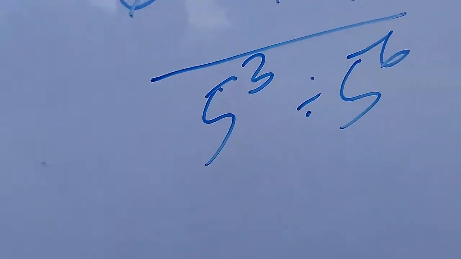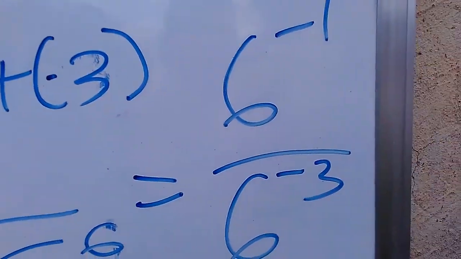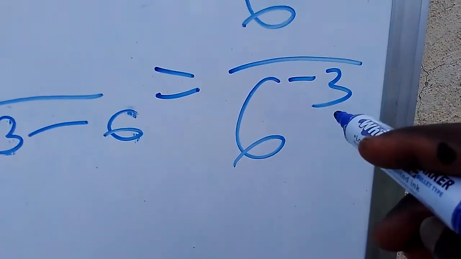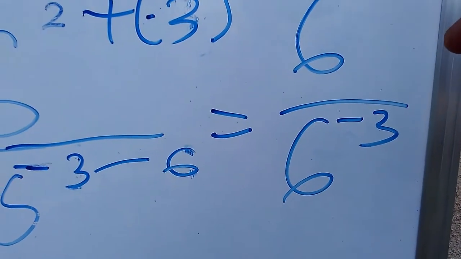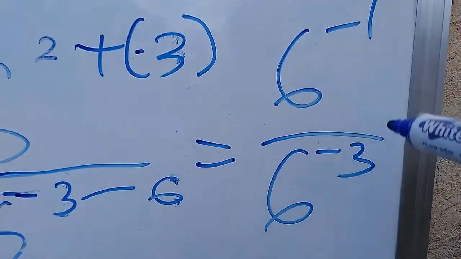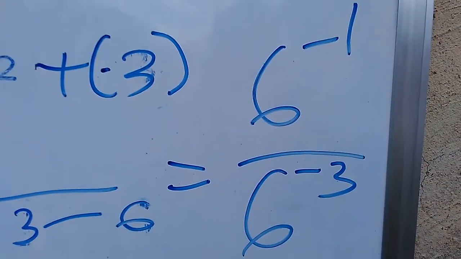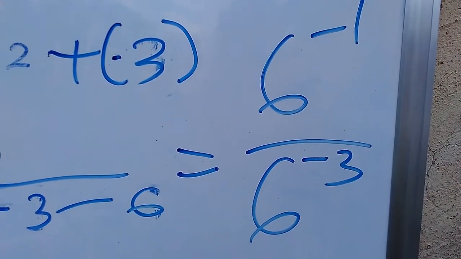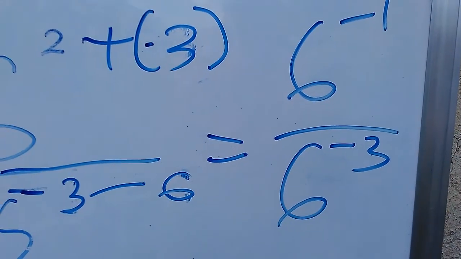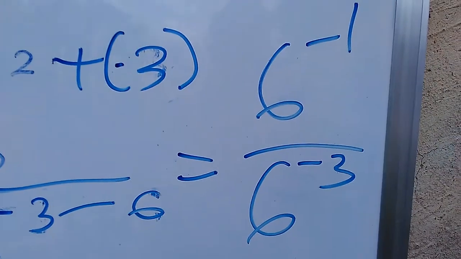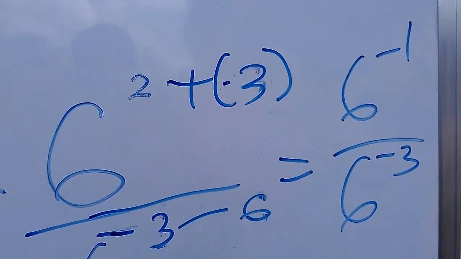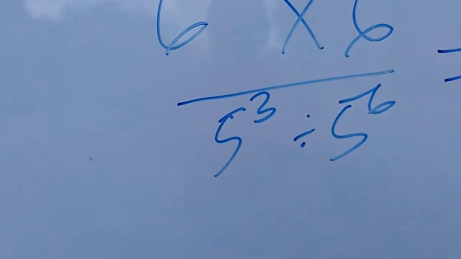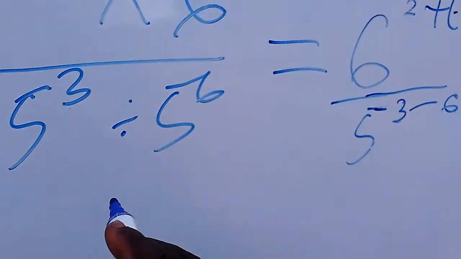In this case, both the numerator and the denominator have their powers in negative form. It means each of their powers is negative. So therefore, here we are applying the fifth law of indices, which is finding the reciprocal of both variables.